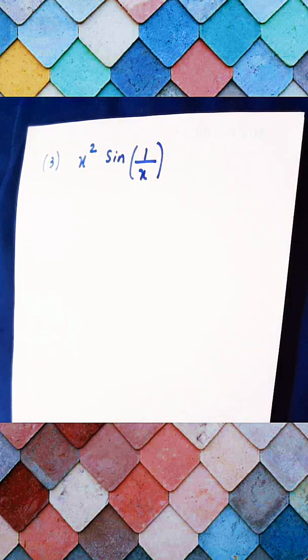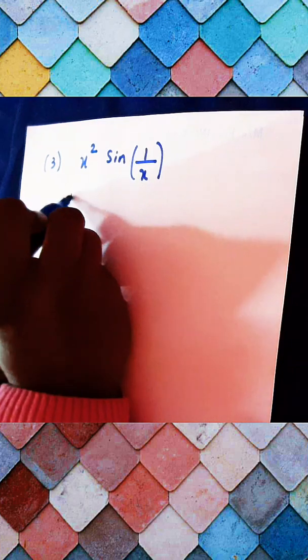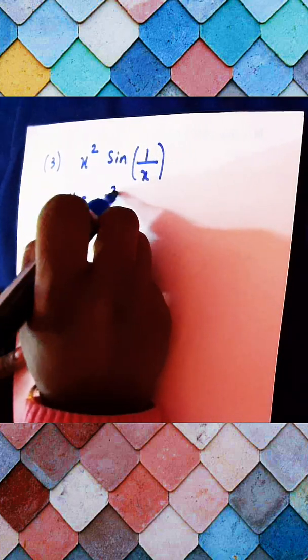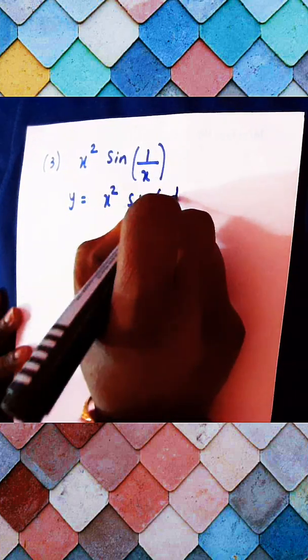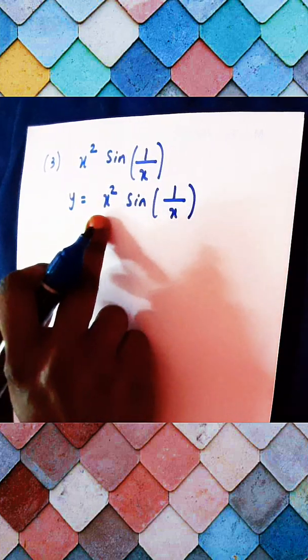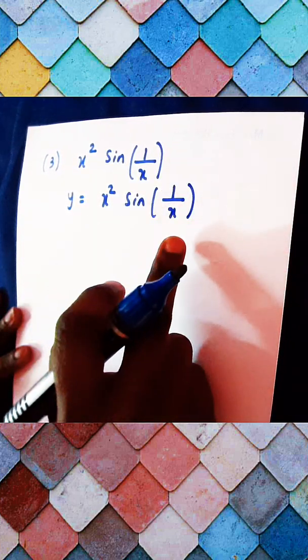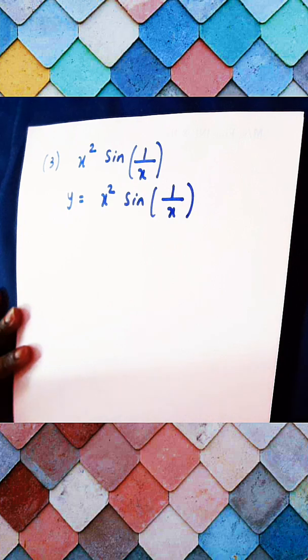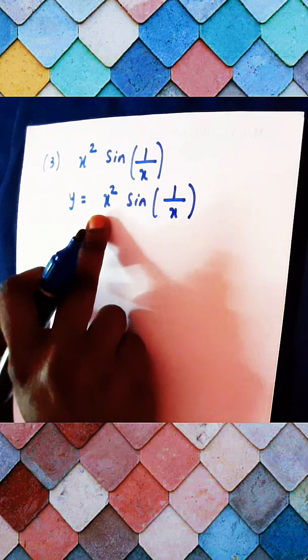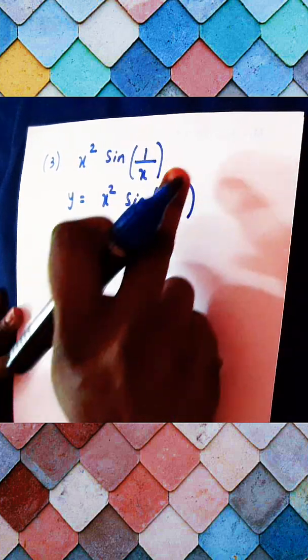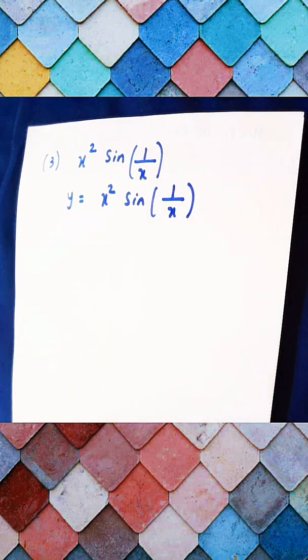The next question, we'll discuss one more problem in trigonometry: x square sine 1 by x. We'll assign this to be y. y is equal to x square into sine 1 by x. What form is it? It is of the form x square times sine 1 by x, which is of the form u times v.